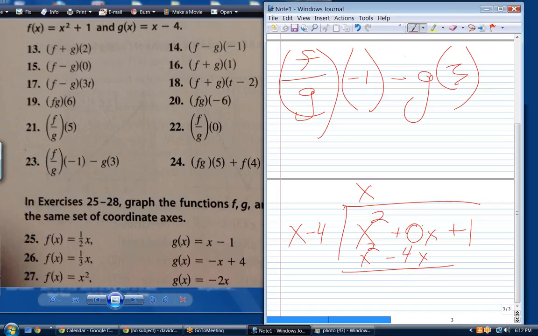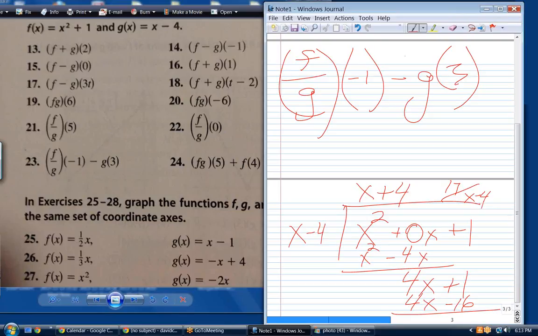So that becomes 4x. Bring down the 1. It goes in there 4 times: 4x minus 16. Subtract 1 minus a minus 16, you get a remainder of 17 over x minus 4.